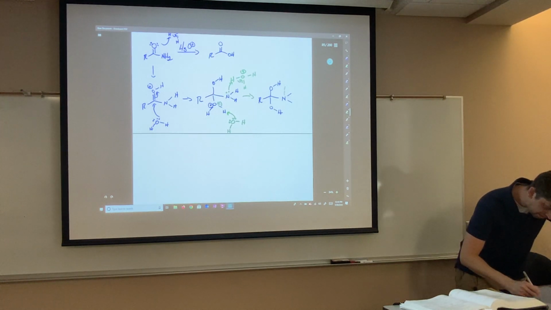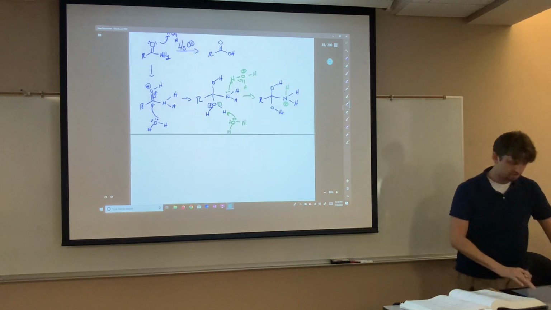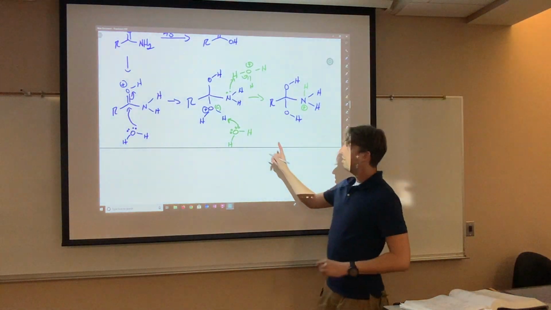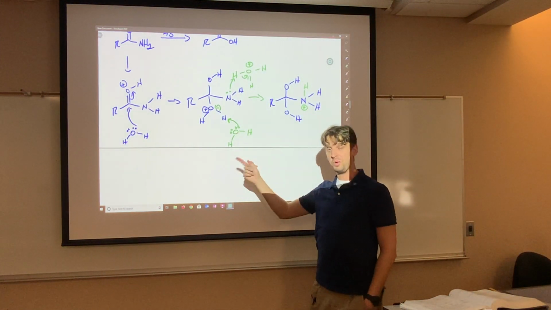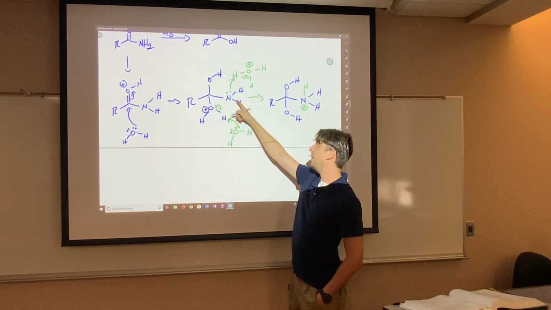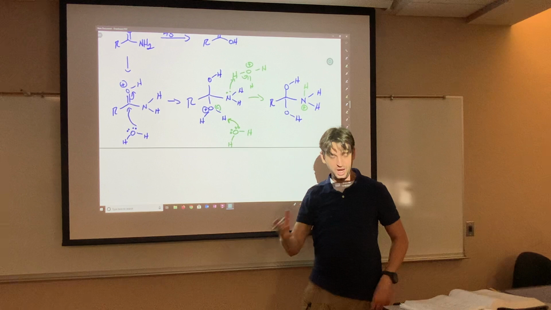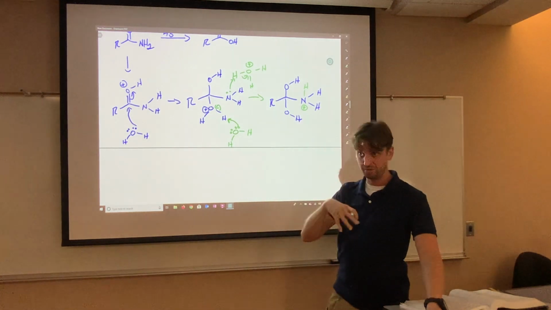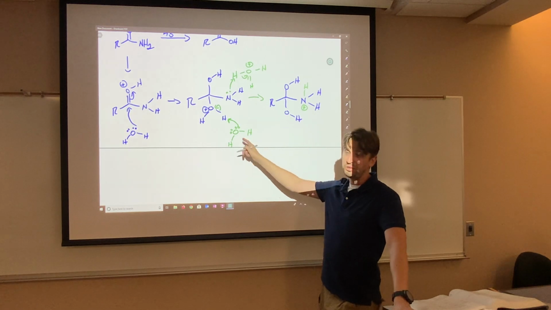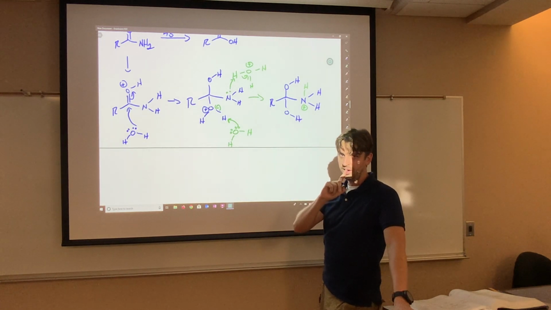This is green plus, and then, okay. So this is what we're saying is going to happen, right? Something's going to pluck one of these protons off, and this is going to do an acid-base reaction there to gain a proton, right? This will not happen. This should be two separate steps, okay?